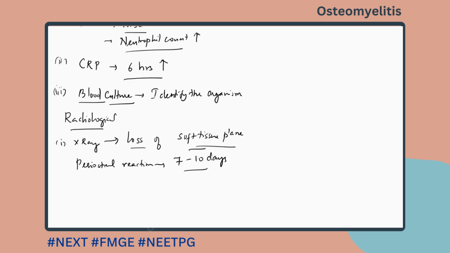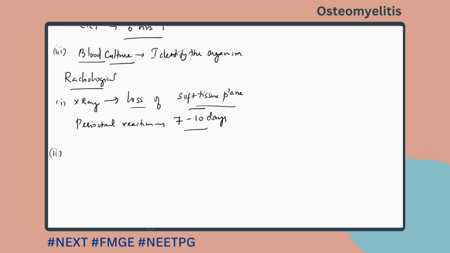The second investigation, which is the investigation of choice in osteomyelitis, is MRI. MRI is the investigation of choice because it can pick up osteomyelitis within 6 hours of onset. Within 6 hours, marrow edema occurs, and this marrow edema can be easily picked up by MRI.